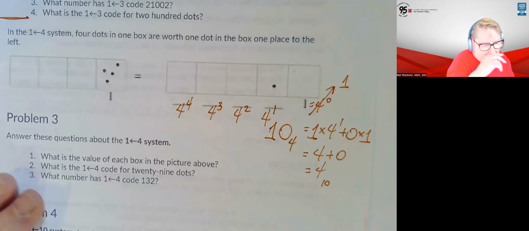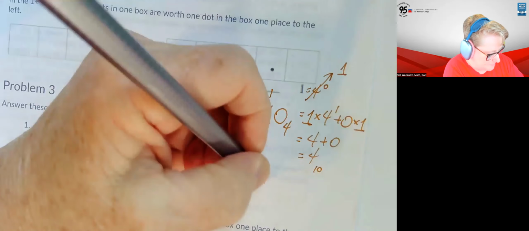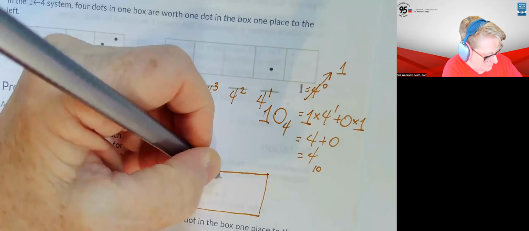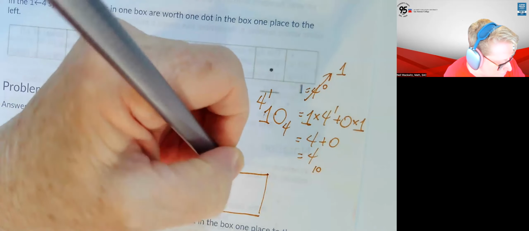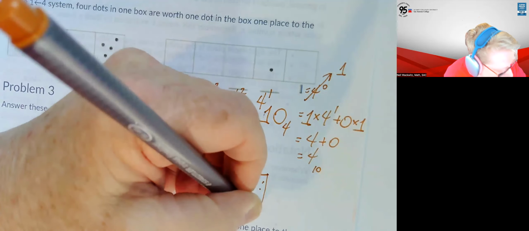So let's see, what is the 1 to 4 code for 29 dots? Let's see. So we have 1, 2, 3, 4, 5, 6, 7, 8, 9, 10, 11, 12, 13, 14, 15, 16, 17, 18, 19, 20, 21, 22, 23, 24, 25, 26, 27, 28, 29.